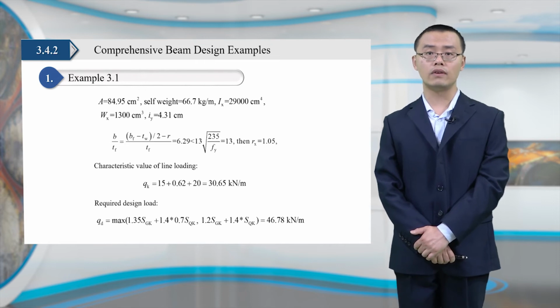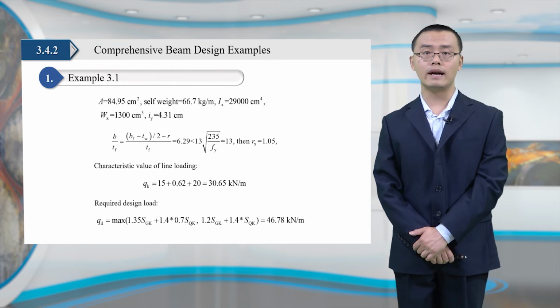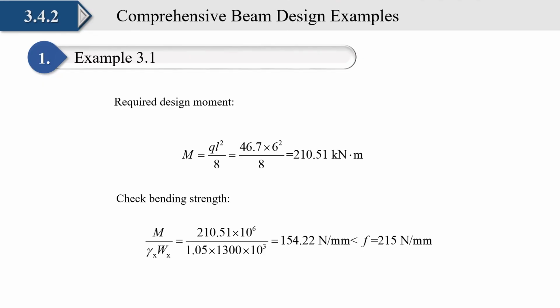Characteristic value of line loading is calculated as the following. Required design load is expressed as the following. Required design moment is calculated as the following. Check bending strength is expressed as the following, and it is found that the bending stress meets the design strength requirement.